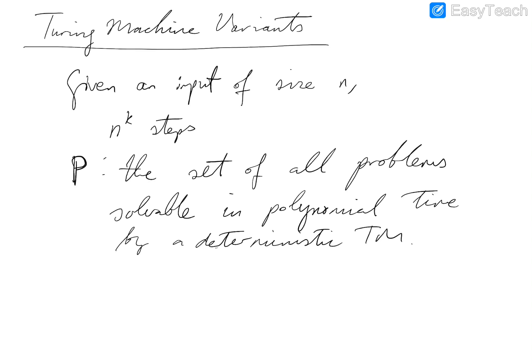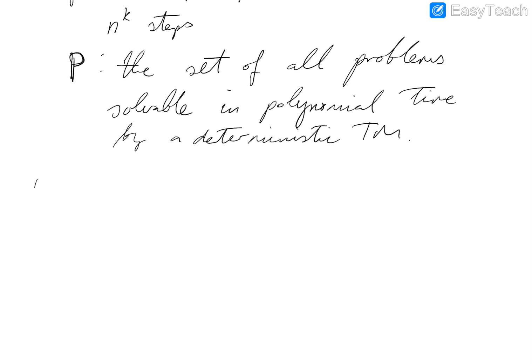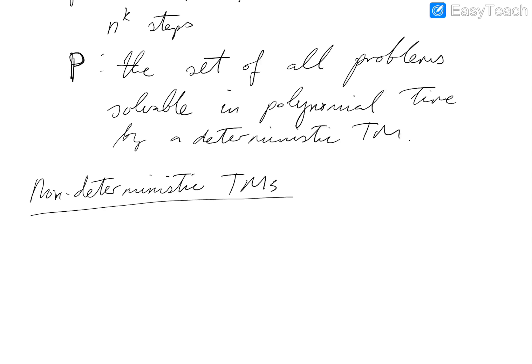So we have different variants of Turing machines. The first variant that I'd like to talk about is called non-deterministic Turing machines. A non-deterministic Turing machine is defined exactly as its deterministic counterpart, except that the transition function is slightly different.